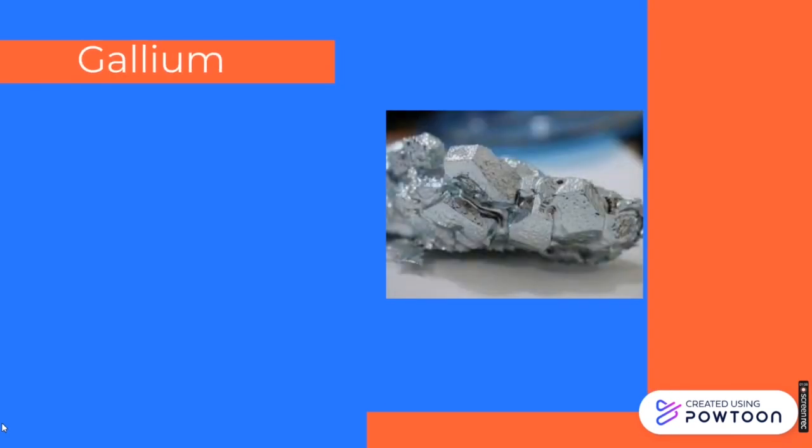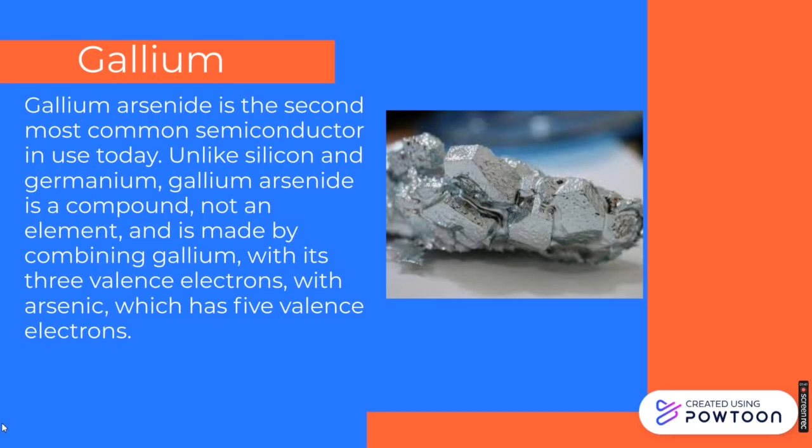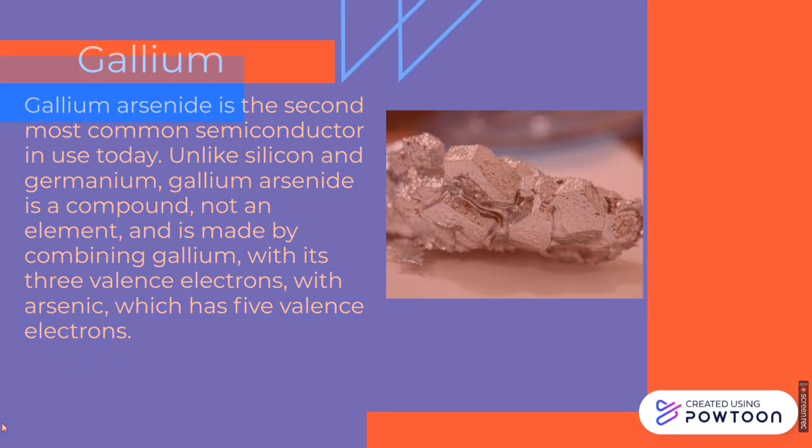And last material is gallium. Gallium arsenide is the second most common semiconductor used today. Unlike silicon and germanium, gallium arsenide is a compound, not an element, and is made by combining gallium with its 3 valence electrons with arsenide, which has 5 valence electrons.